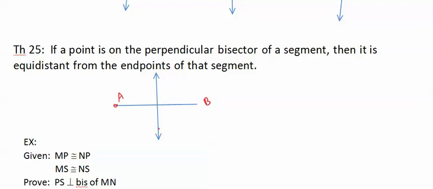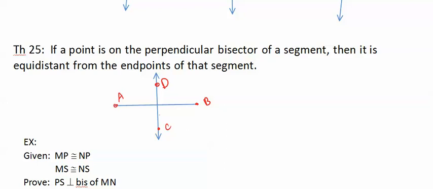So, if CD is a perpendicular bisector of AB, then that means that any point on DC will be congruent to the points.